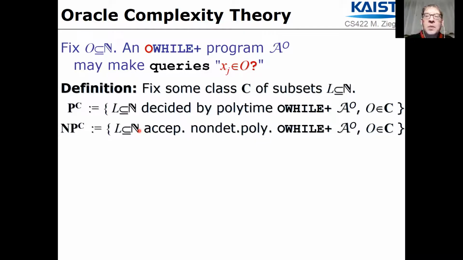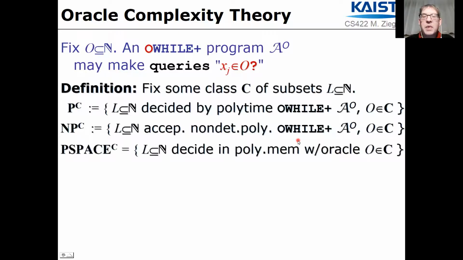Similarly, in adoption of the terminology from recursion theory, we relativize NP, that is, non-deterministic polynomial time oracle while plus programs, and we relativize PSPACE, that is, polynomial memory bounded deterministic while plus programs that can make oracle queries to any arbitrary but fixed oracle from this class. This now extends our usual complexity classes.